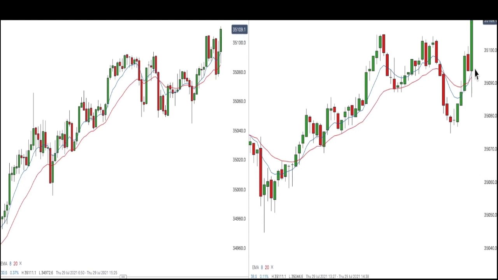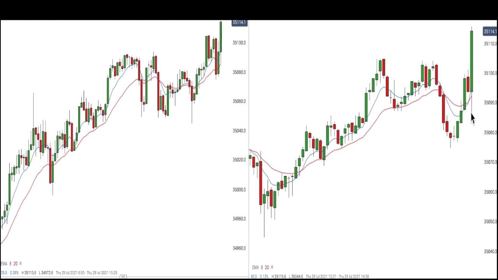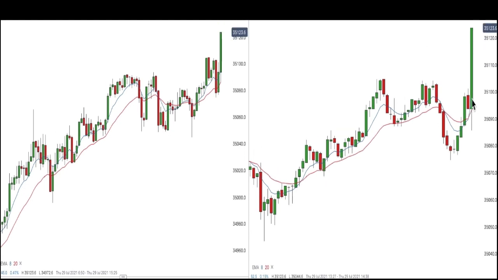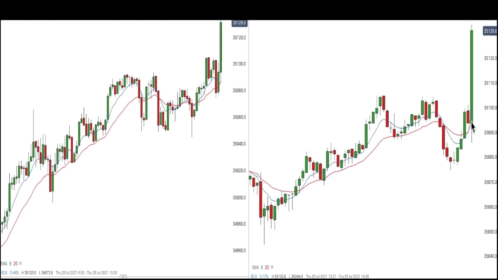Right, in long, stop down here, entry here, above the 8 EMA, above the 20 EMA. So I've got those as support for my trade, entry just up here and stop down here. So just a 10 point or less stop, and there, looking good.